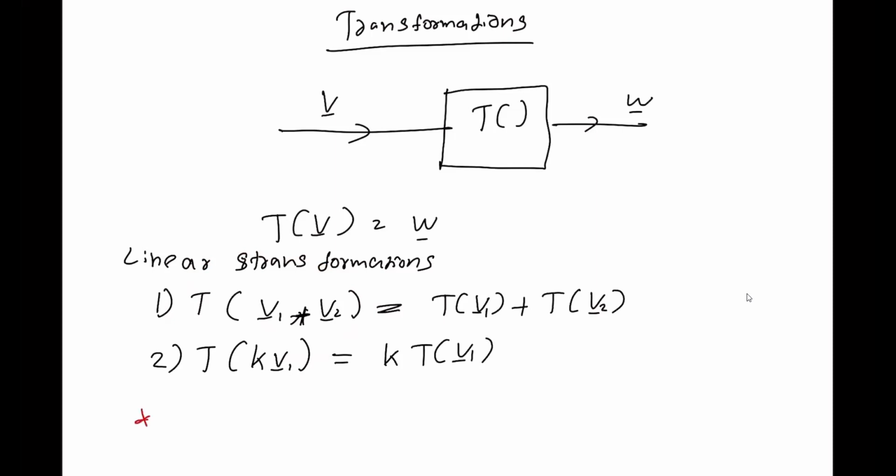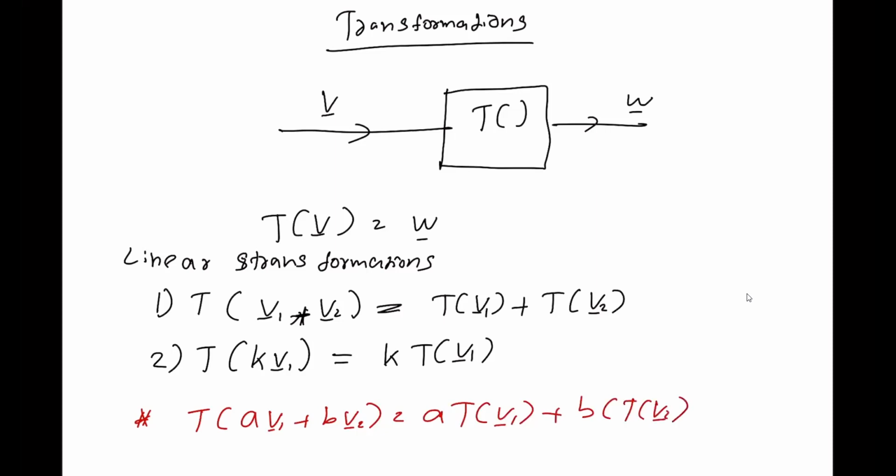Or else you can take this as a single condition: A V1 plus B V2, the transformation of this should be equivalent to A times the transform of V1 plus B times the transform of V2. It means if you take any linear combination of two vectors and give it as input to your transformation, your output should be the exact same linear combination, not in the vector sense, but in the transformation sense.